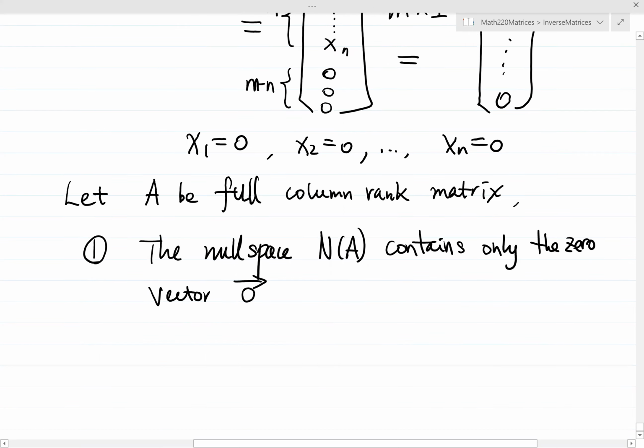So we can get information about the solution of the linear system.